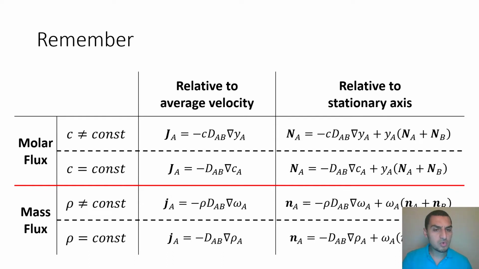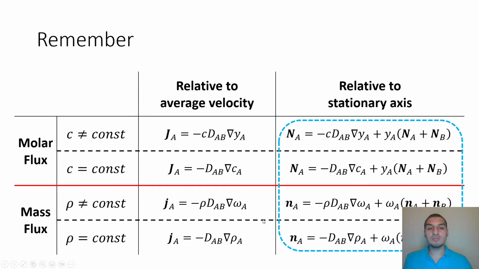And this is important, because in this case I know that I should pick something from this column. These equations are not going to be useful for me at all. They do not represent the flux that I have been describing in the derivation. So this is one important point that I want to pick. And now I have to choose a form of the flux out of 4 instead of 8, so this makes the choice easier.